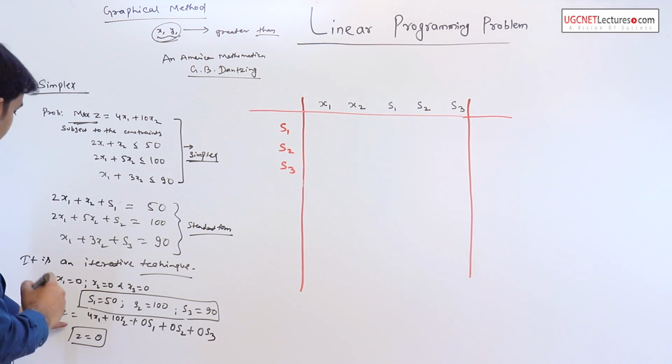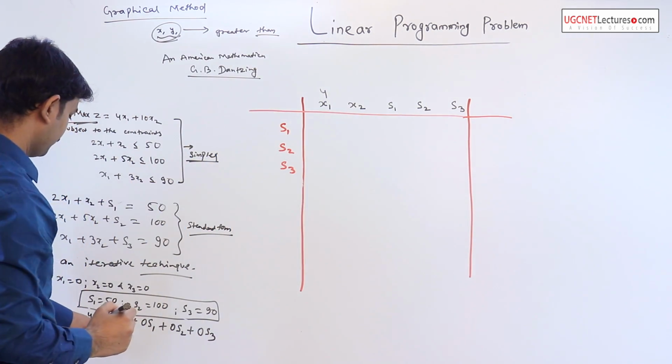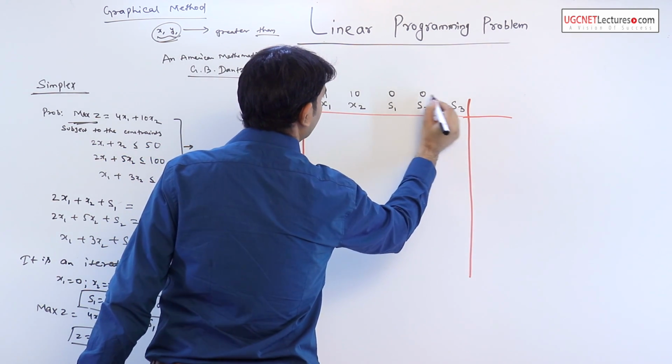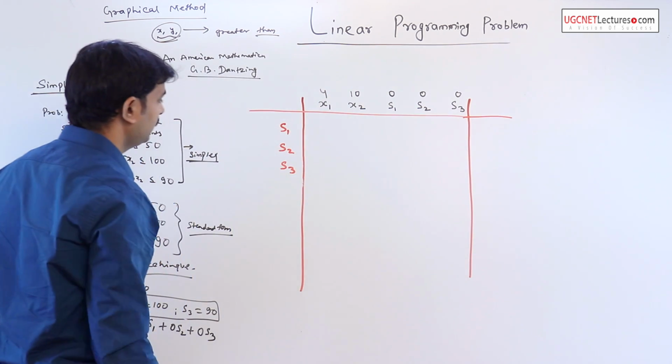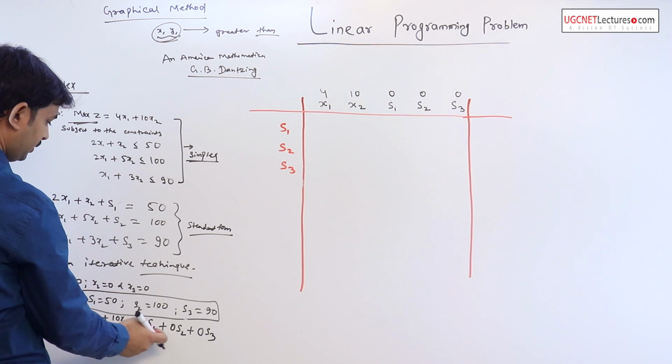So the coefficient of x1 is 4, the coefficient of x2 is 10, and the coefficients of s1, s2, s3 are 0, 0, 0.